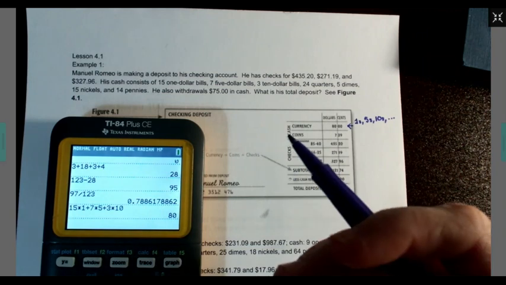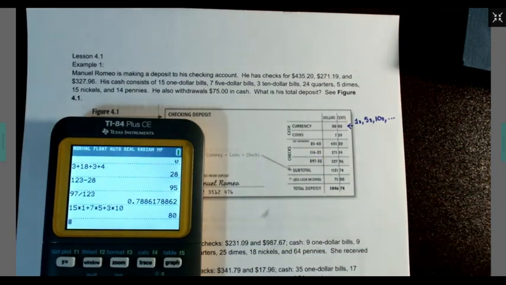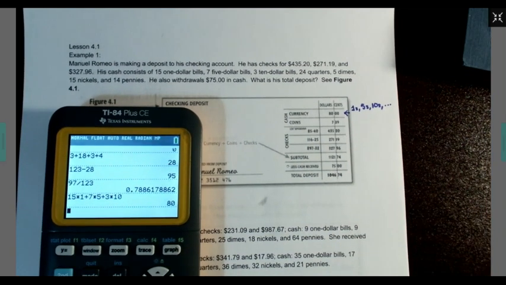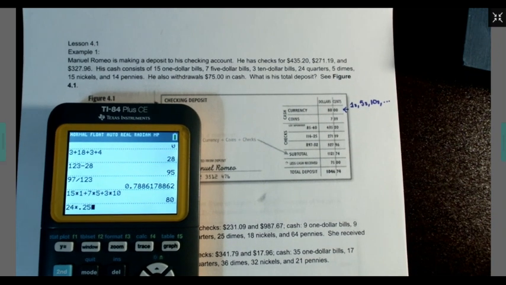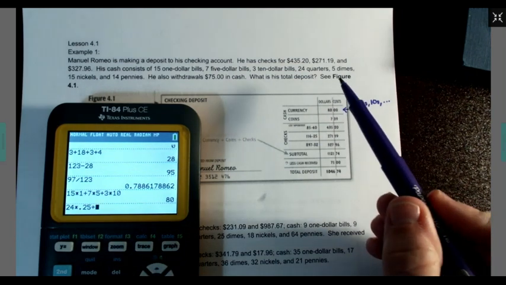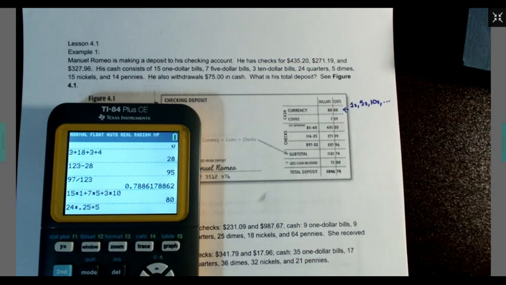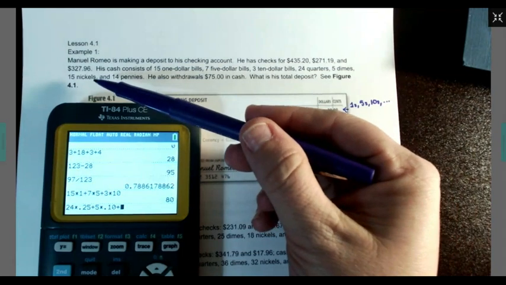Coins is exactly what it means. It's your change. So we have 24 quarters. Now remember, each quarter is worth 0.25. So we're going to do 24 times 0.25 plus. We have 5 dimes. Remember that those are worth 10 cents a piece. So that's 0.10. Plus we have 15 nickels.